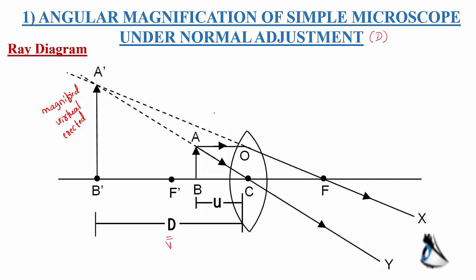If you understand this ray diagram clearly, then it is easy to derive the magnifying power of the simple microscope. Remember, in this case the object is kept between the optic center and focus, so the image is virtual, erect and magnified, and formed at the least distance of distinct vision.